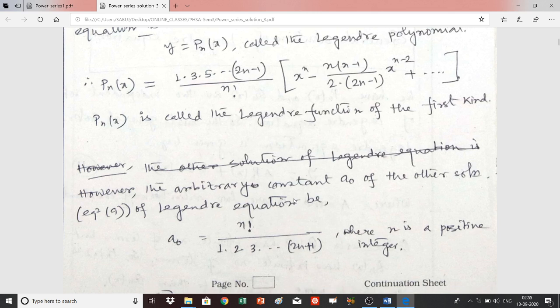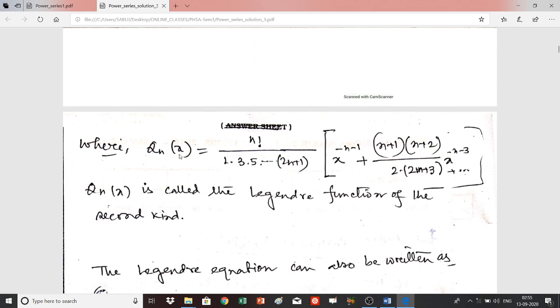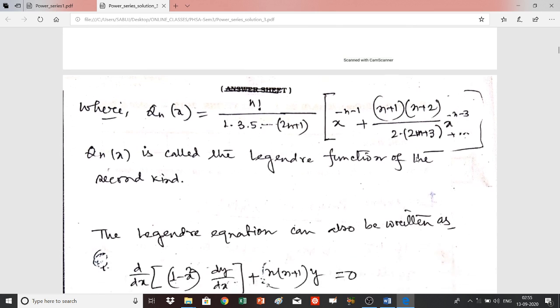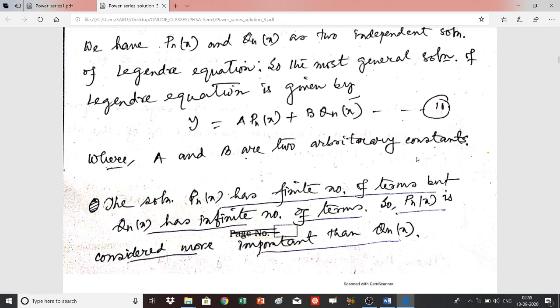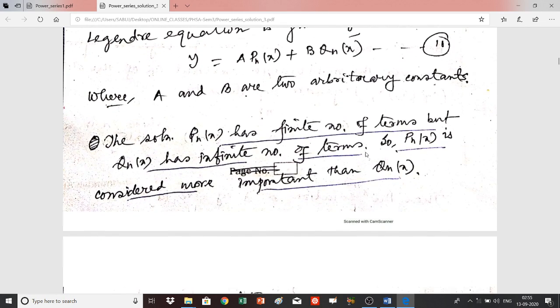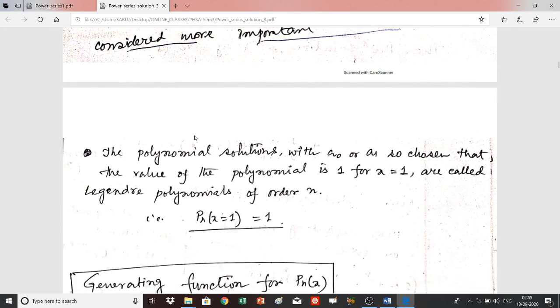But in case of Qn(x), written here, this will have an infinite number of terms. Since the first one has finite terms and the second one, Qn, has infinite terms, the first one, Pn(x), is rather important, and in most cases we will use frequently the first solution Pn(x), that is the Legendre polynomials.